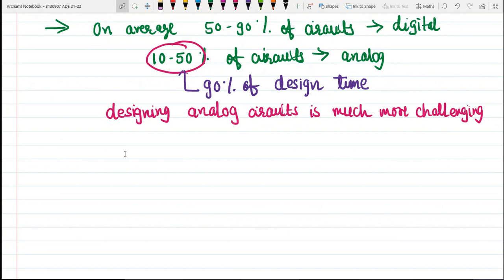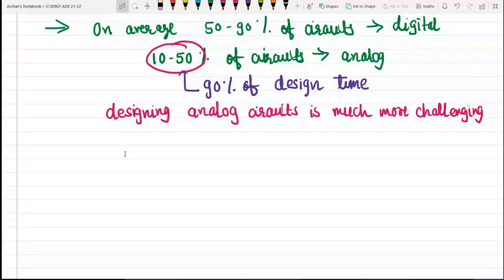Whenever we find any noise, then we have seen that the output is affected by the presence of noise, right? So they are more susceptible to noise. This is the second challenge. Third, no standard analog circuits are available. Okay, in case of a digital circuit, whenever one particular digital circuit is prepared, the same digital circuit can be used for another application, right?